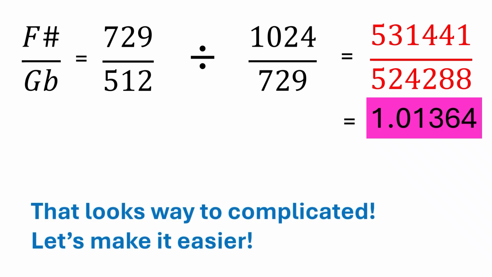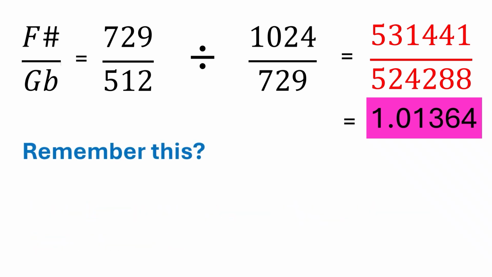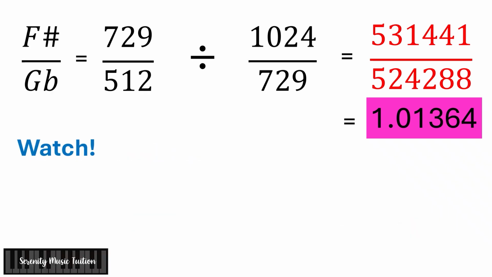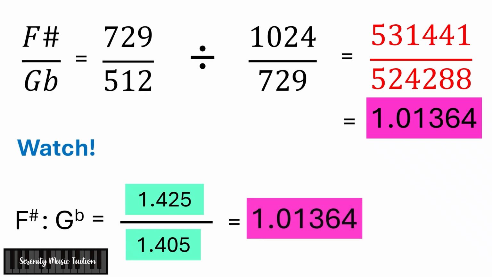Let's make it easier. Earlier we worked out the value of the interval ratio of F sharp to be 1.425 and the value of the ratio of G flat to be 1.405. This also gives us 1.01364. This is the value of the Pythagorean comma.